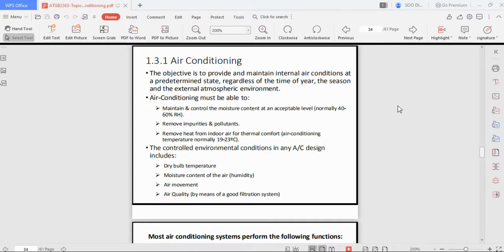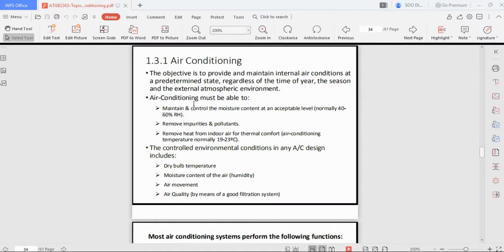This is the function required of the air conditioning. The controlled environment conditions in any AC design include dry bulb temperature, moisture content, air movement, and air quality. Air quality is achieved by means of a good filtration system.